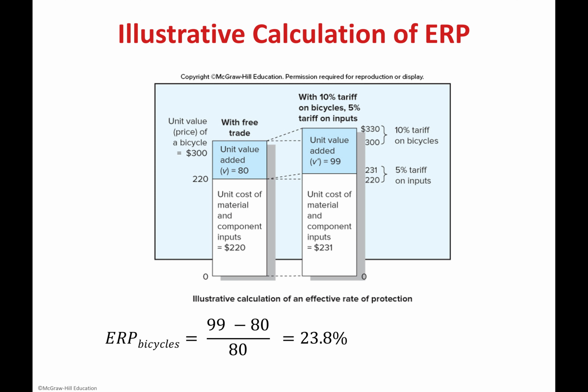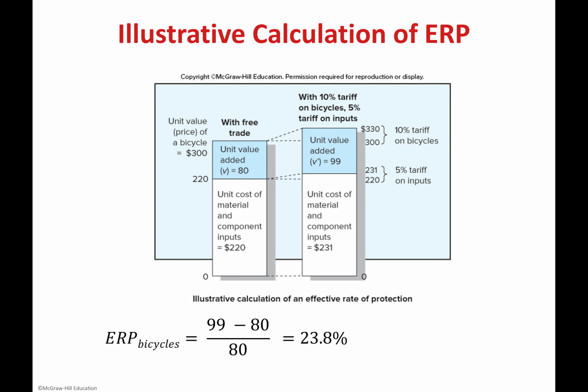We'd look at the unit cost of material and component inputs, and note that there's a 5% tariff on those inputs. So we take the 220 under free trade, we add 5%, that gets us to 231.